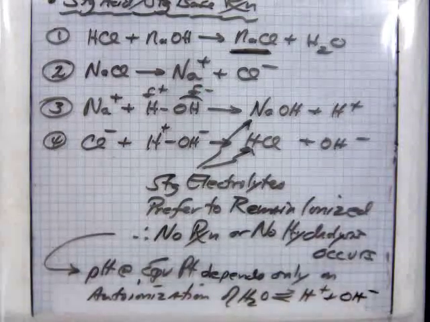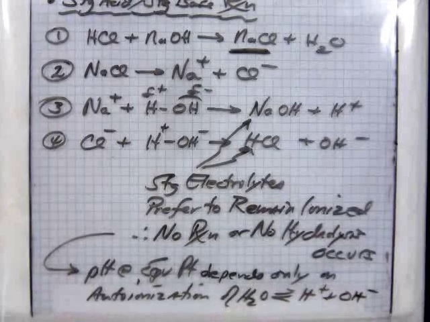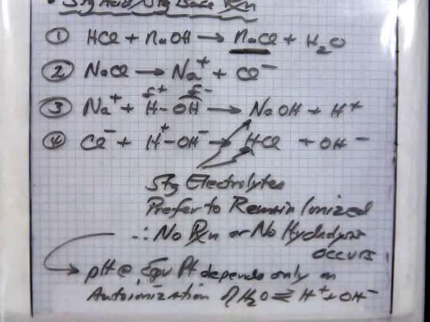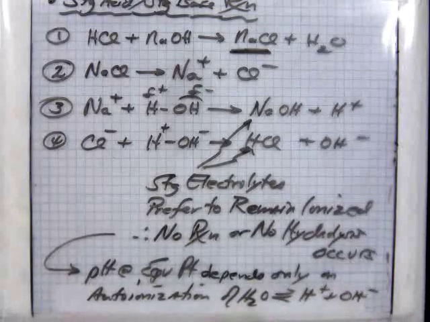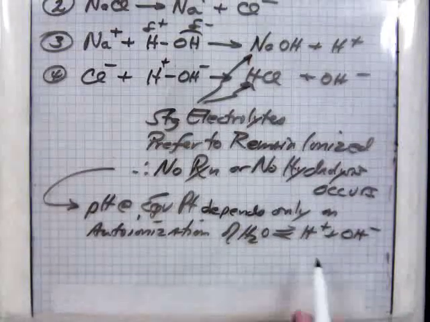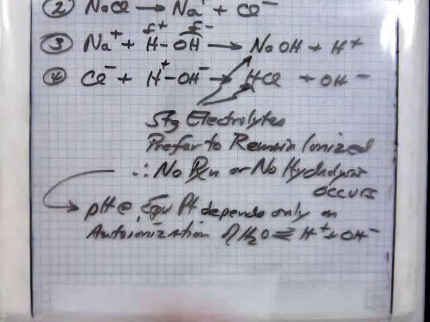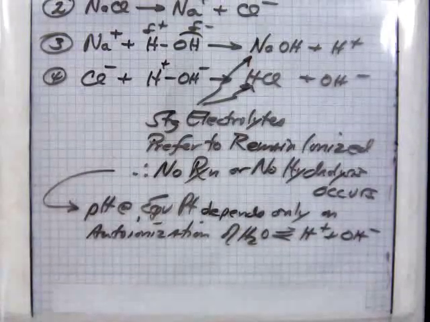And we've seen that equation before. Now, the analysis of this is how much hydrogen, how much hydroxide is generated in the autoionization.